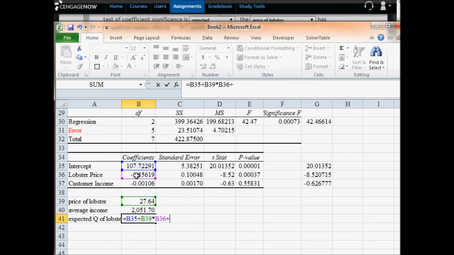And then I'm going to type plus, and I'm going to take the average income and multiply that by customer income's estimated slope. And when I hit enter, I'm going to get the expected quantity of lobster demanded, also known as Y hat. And I get 81.877.